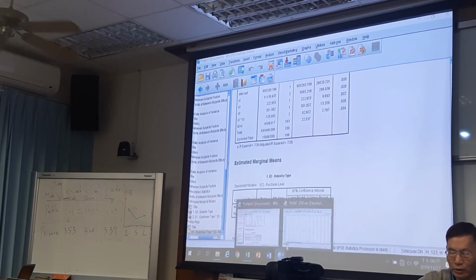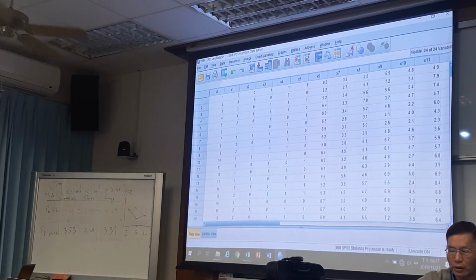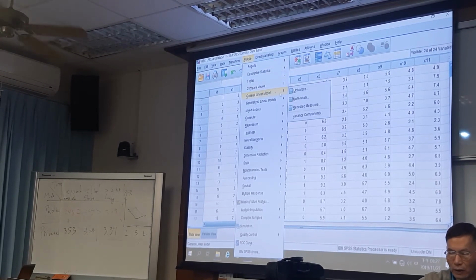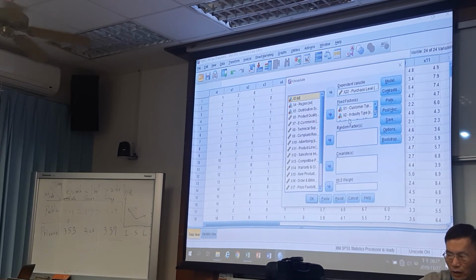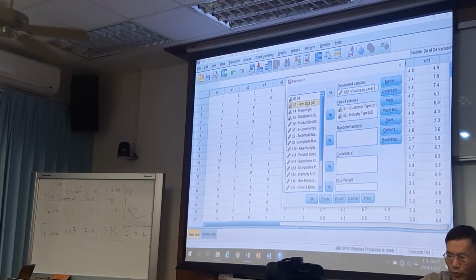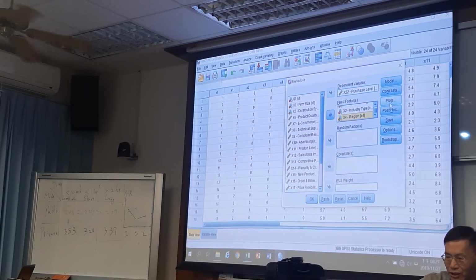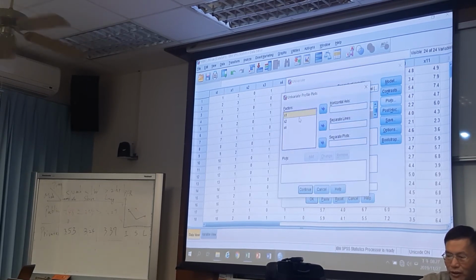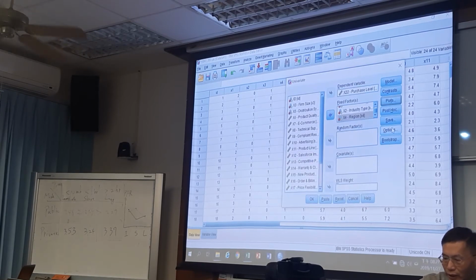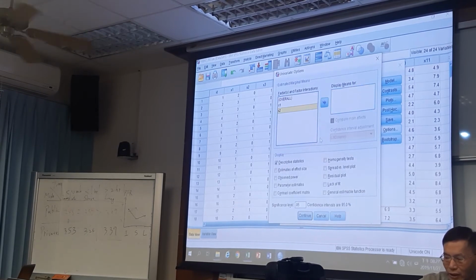Now we have only 2-way interaction. I remember in this case I need to take everything away, because I run my model.